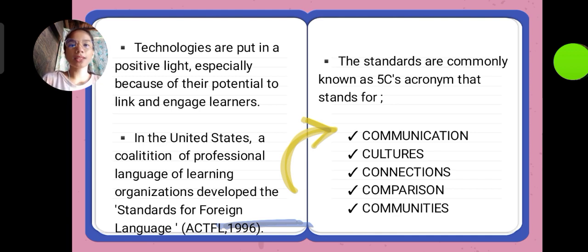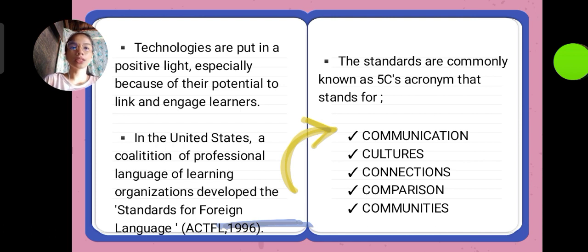Technologies are put in a positive light, especially because of their potential to link and engage learners. In the United States, a coalition of professional language learning organizations developed the standards for foreign language. This is according to the ACTFL 1996.